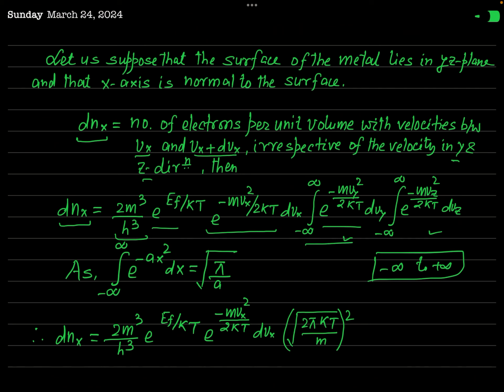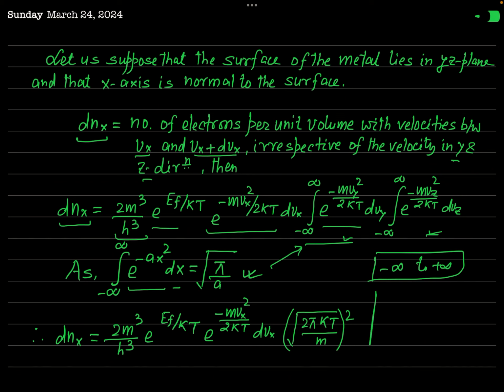Now how will this integral be evaluated? You can definitely have an idea of the Gaussian integral of this form. You have definitely studied in your course on mathematical physics, in the gamma function, that the integral of e to the power minus ax square dx from minus infinity to plus infinity is the square root of pi over a. So you can compare these two integrals from this formula.